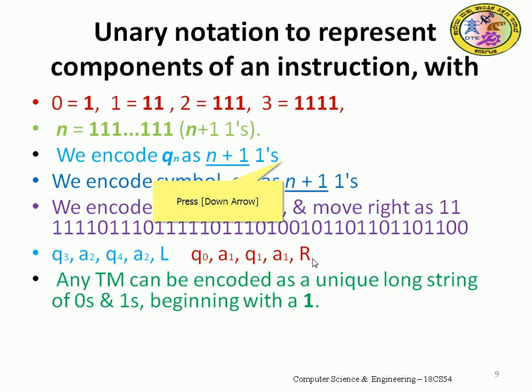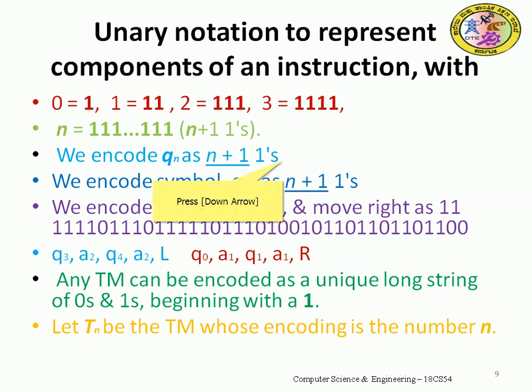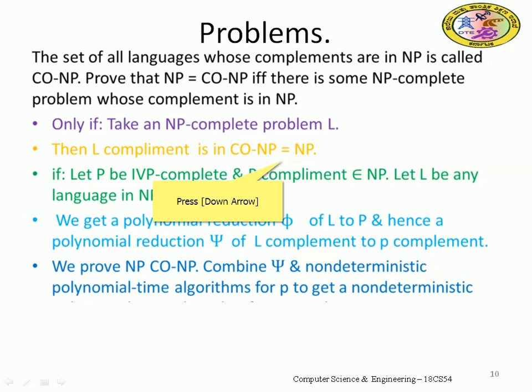So any Turing machine can be encoded as a unique long string of 0s and 1s, beginning with 1. Let T of n be the Turing machine whose encoding is the number n.